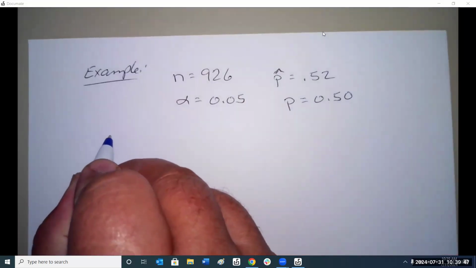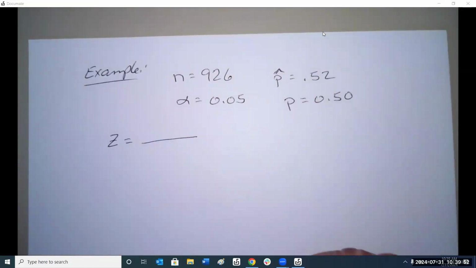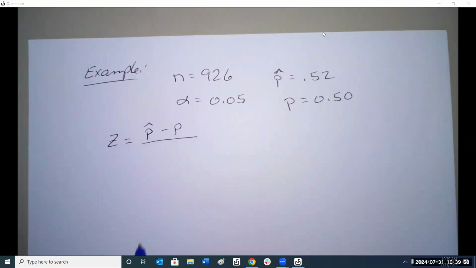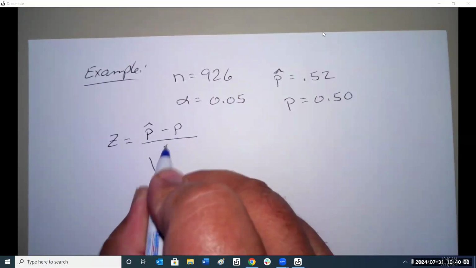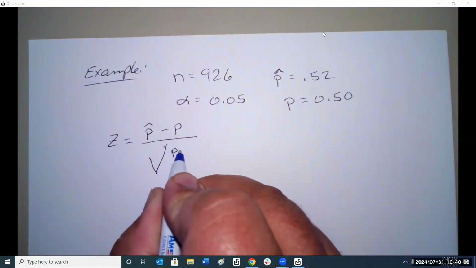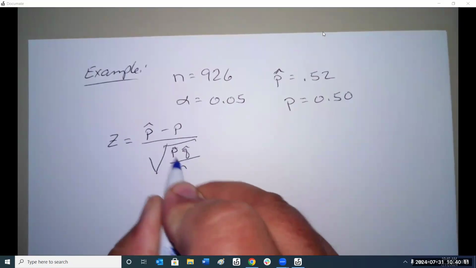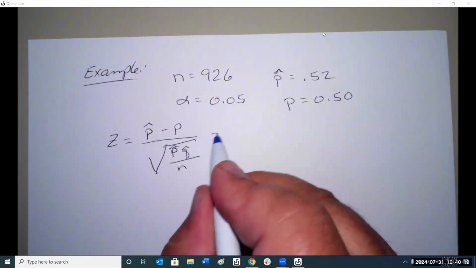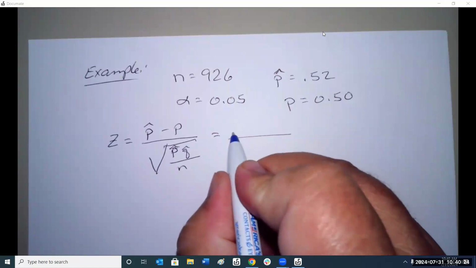Remember the formula for the Z score of proportions? It's P hat minus P over the square root of capital P capital Q over N. So let's calculate this.